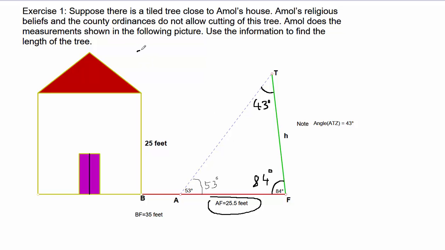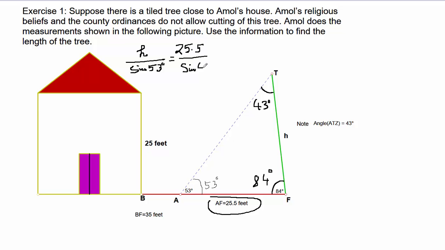So what do we have? We have simply this, that h divided by sine of 53 degrees equals 25.5 divided by sine of 43 degrees, right?